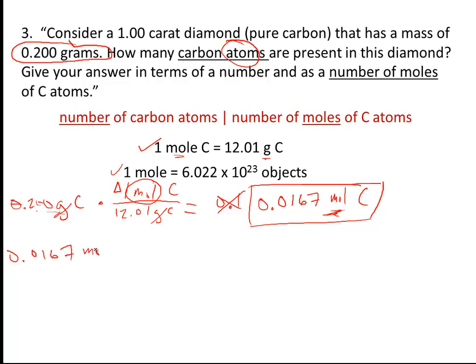0.0167 moles of carbon, and I'm going to apply a conversion factor, and I want objects or atoms on the top, so that's 6.022 times 10 to the 23rd. Now I'm not going to write objects. This depends on what kind of thing we're talking about.